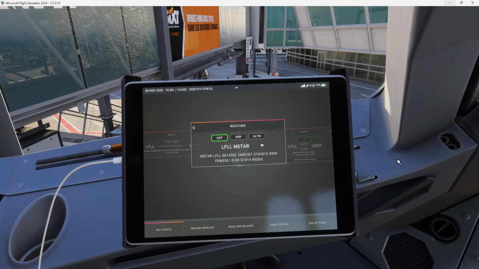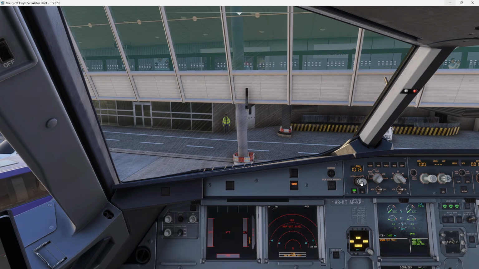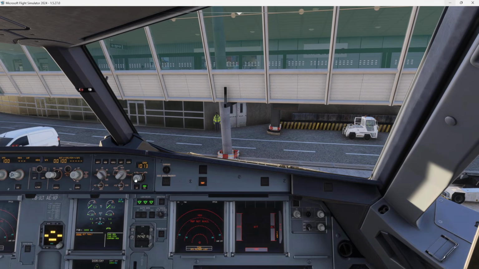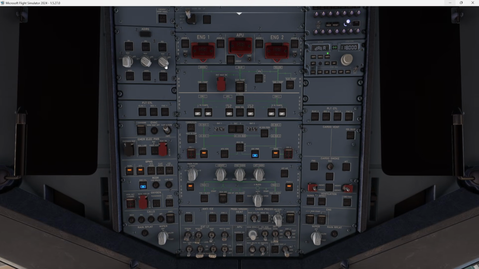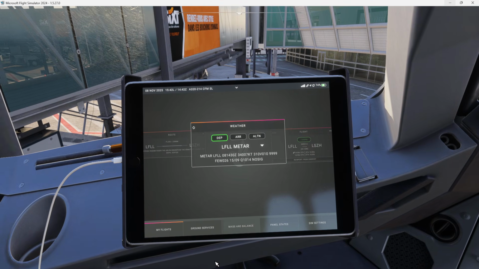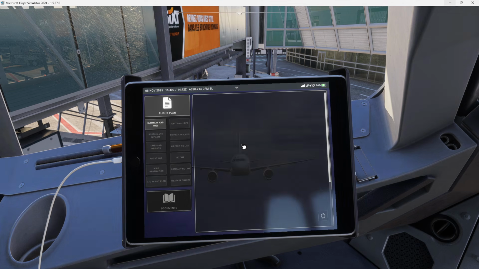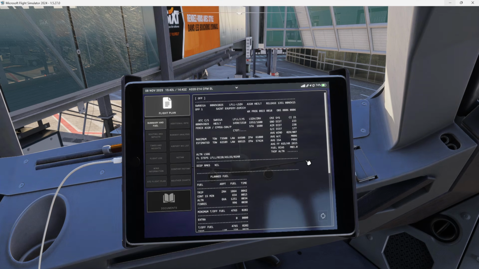I have read everything, the QNH, the METAR, the TAF, everything. So let's insert it, because the video is not going to be focused on the flying parts. I'm talking about the first part, which is this one. IRS are on, and let's bring the flight plan. I'm going to upload it from my MCDU.